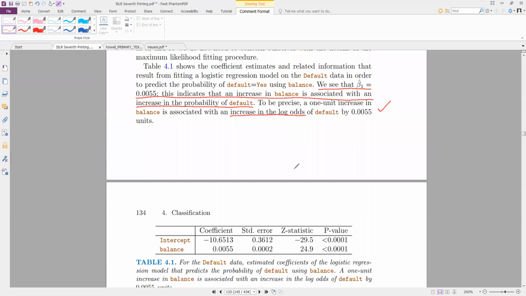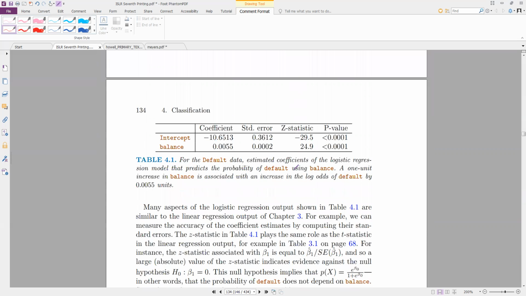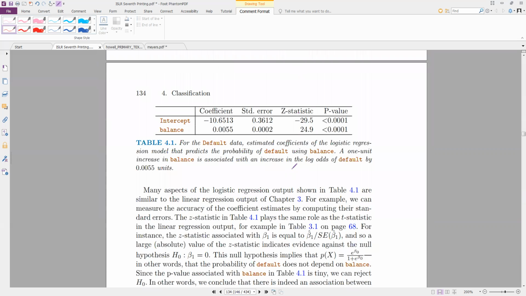Okay, so let's look at how to interpret this. We've run our logistic regression, and we have balance here. We're trying to classify the probability of default. There's our balance over here, our predictor, and we're trying to predict the probability of default. Now, default, remember, is a binary variable, yet we're trying to predict the probability of default.